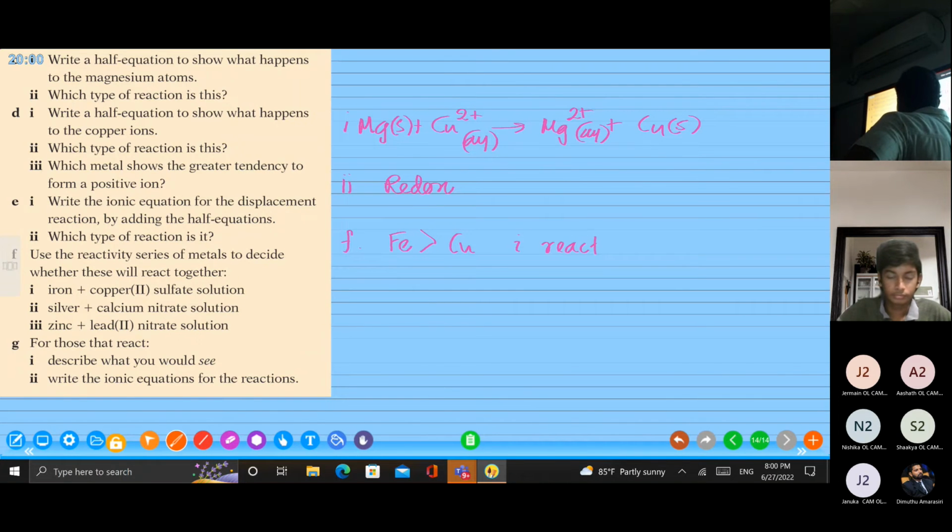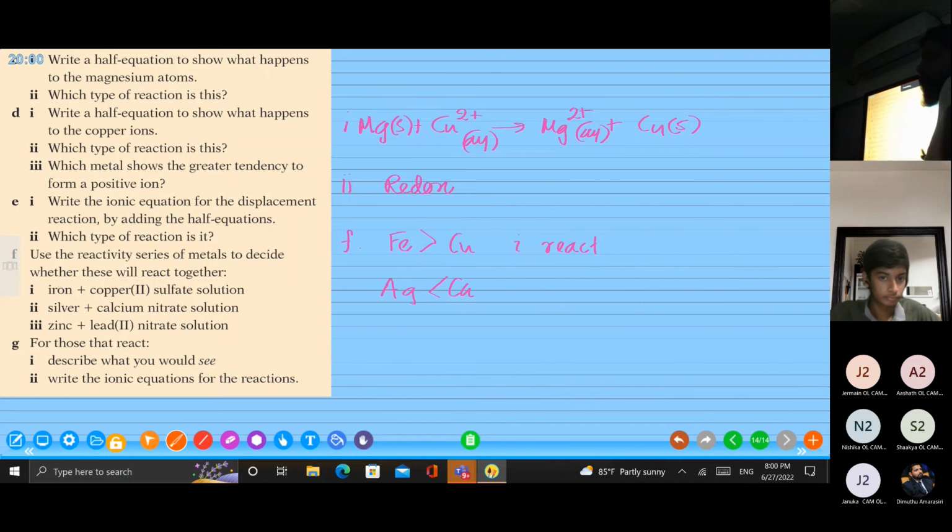Then they are talking about silver and calcium. Calcium is more reactive, so silver can't displace calcium from calcium nitrate. So no reaction, because silver is less reactive.